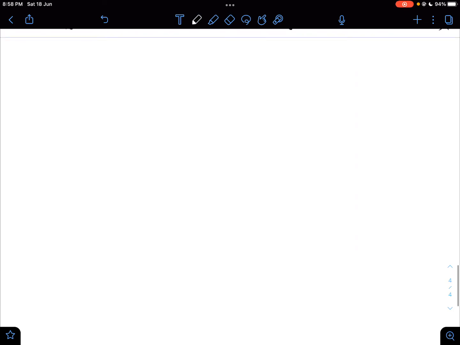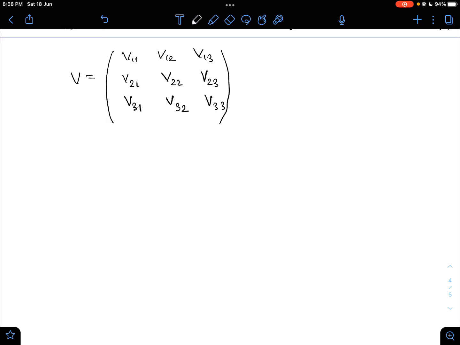And now we will focus on our degenerate case. For the degenerate case, we have to diagonalize the matrix. So this is V11, V12, I will write in a second what these are, V21, V22, V31, V32, V33. So what are these elements?